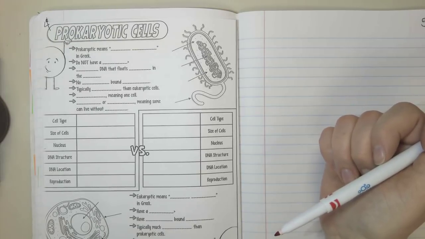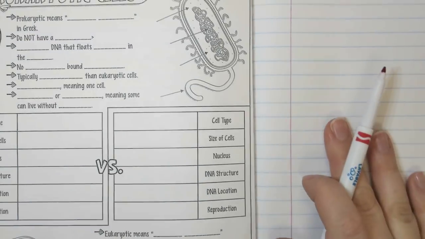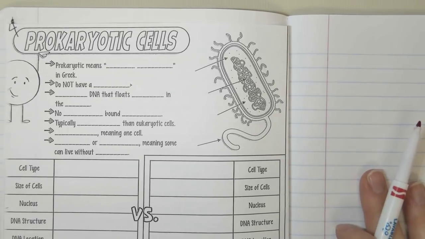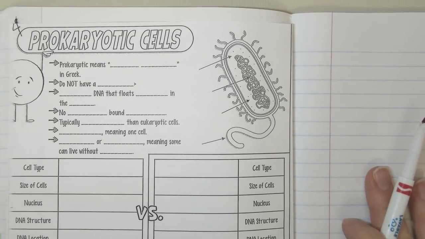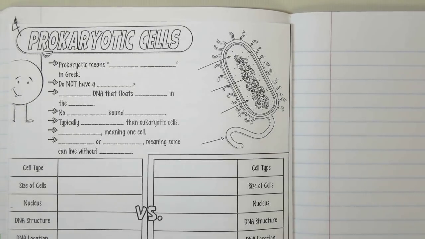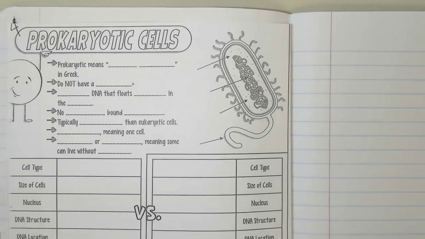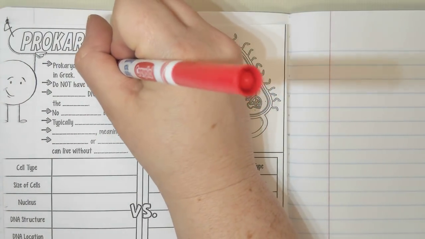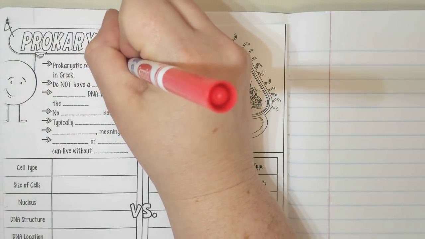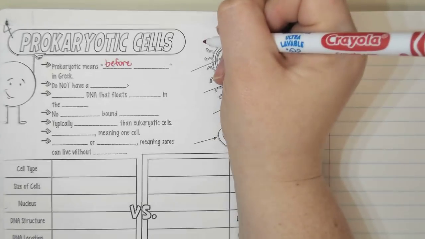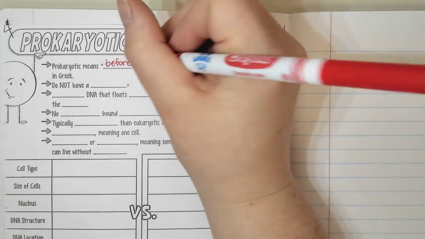So we're going to start at the top where it says prokaryotic cells, and we're going to fill in some of these notes. The word prokaryotic is probably a word that we've never heard before, but if we break it down to the root words, pro means before, and kary means nucleus.